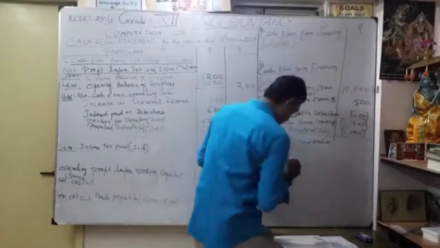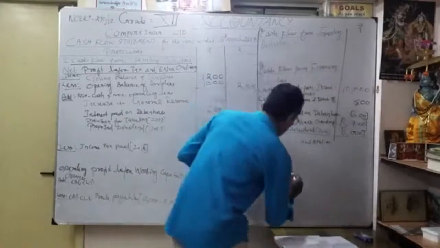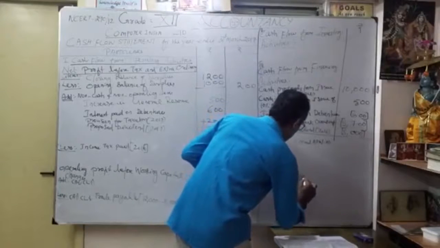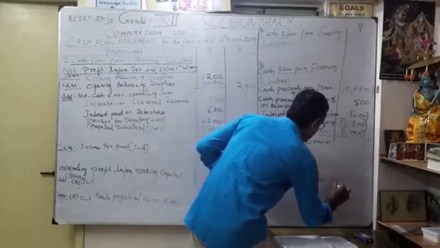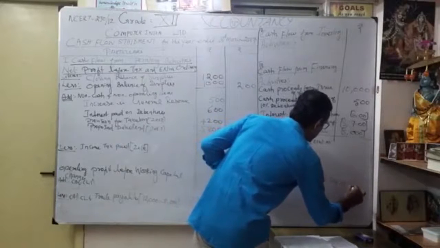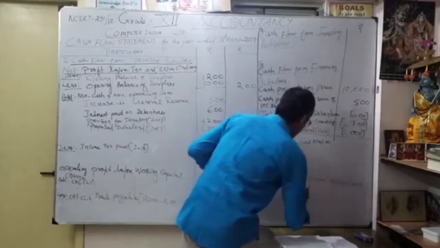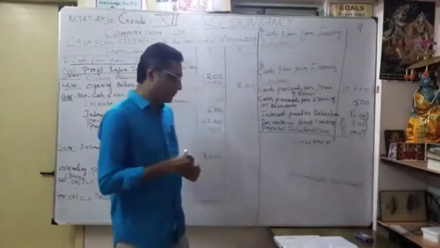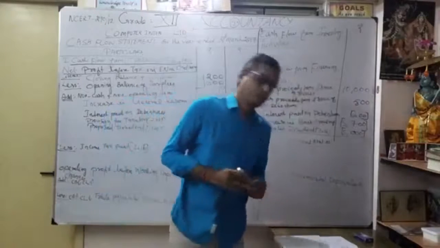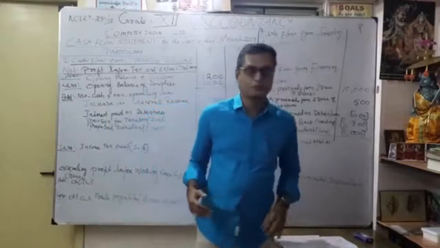Thereafter, accumulated depreciation account. So likewise, you want to open 2 accounts. One is fixed asset account, and accumulated depreciation account. Now we will see what will happen for preparation of this account.